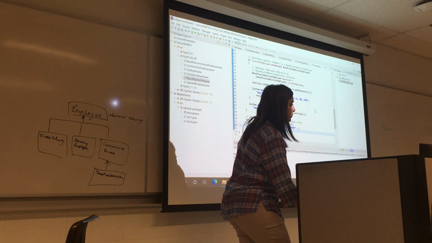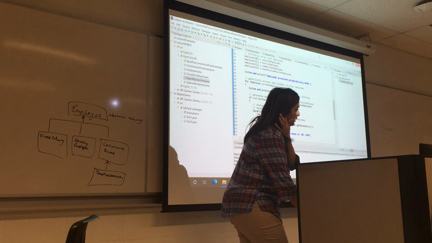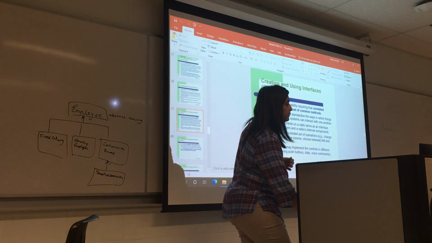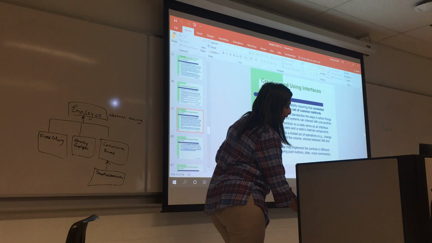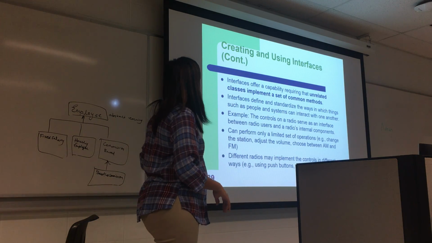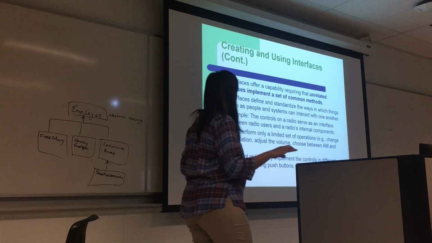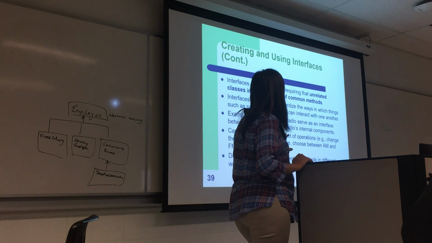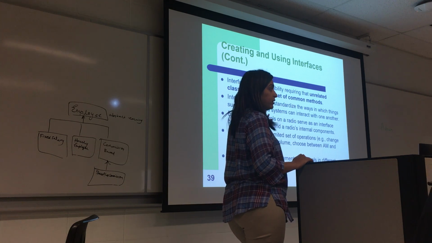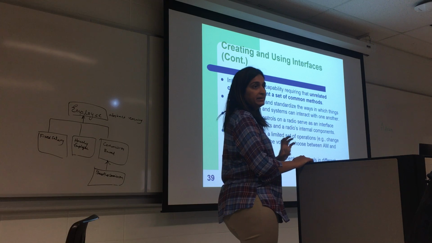Okay, so I want you to go through this class, and let me complete the interfaces first, then we'll move on. We have discussed interfaces. Interfaces are something that have capability, where you are implementing or showing some common methods.